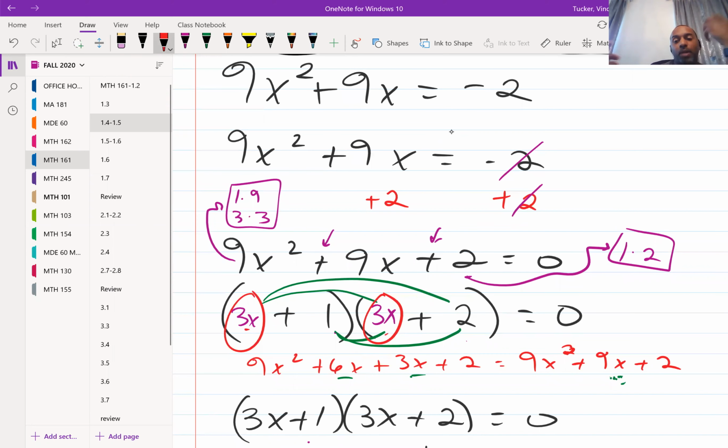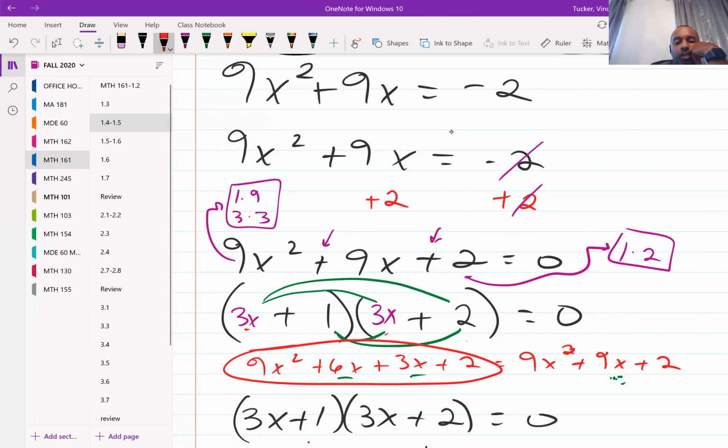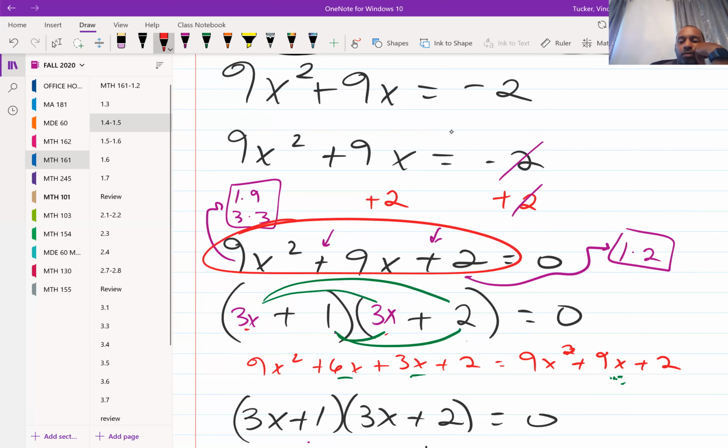And then 1 times 2, like I said, there's no other way to get 2 but 1 times 2, so we didn't have a choice there. Now when you multiply that back out, we FOIL it out. That's what I did here. That gives me 9x squared, 6x, 3x, and 2. Add the 6x and 3x in the middle, and that gives me this expression right here.